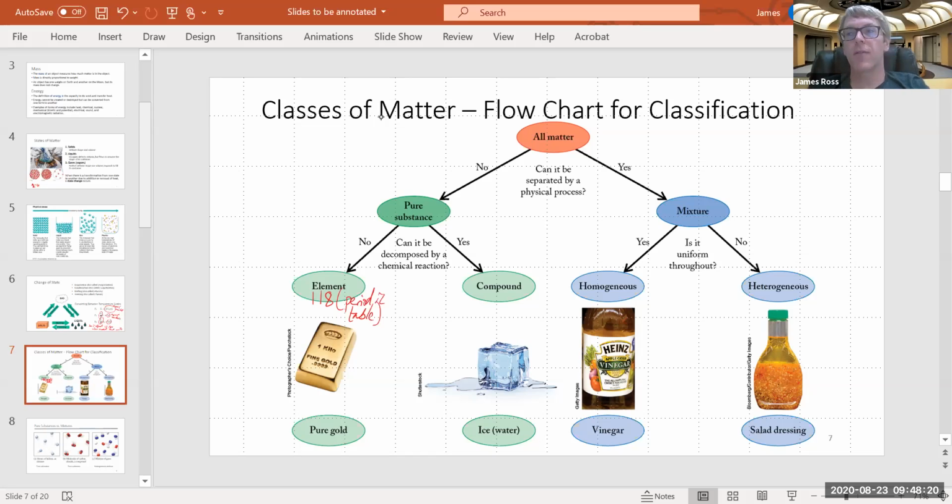You could also have a combination of elements to form a brand new unique piece of matter, and that would be a compound. So a compound here is two or more different elements that make a new piece of matter.